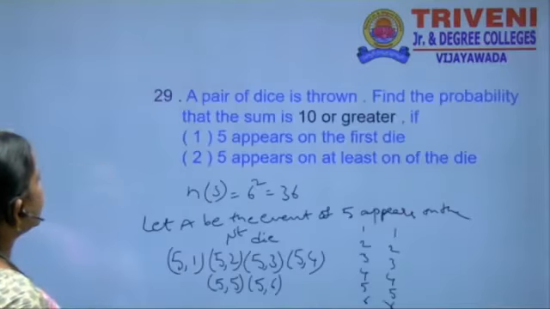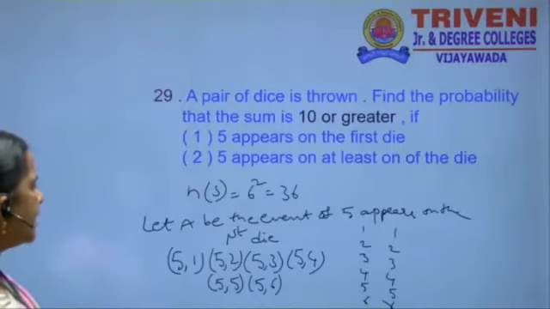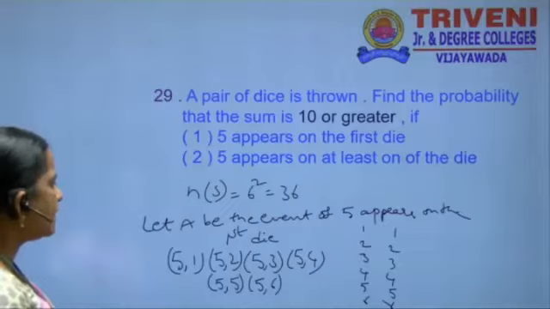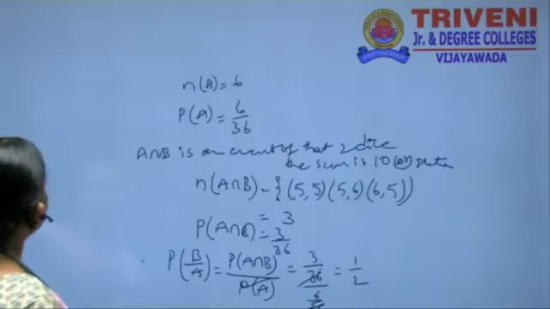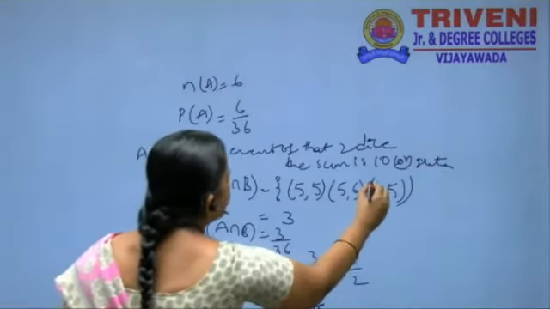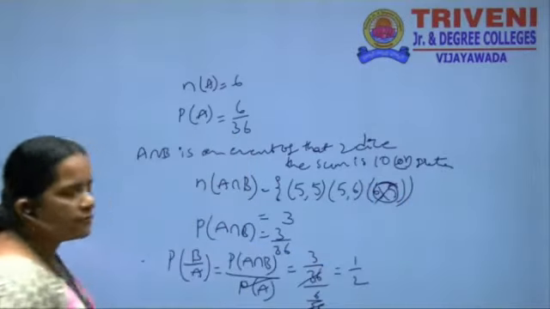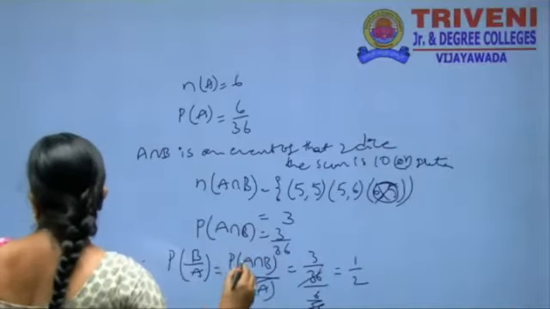Okay, and then second bit is what here? 5 appears on at least one of the die. 5 appears on at least one of the die means here we have to take only 5 comma 6. Why? Because here the first die has 5 only. That's why here it is 2.